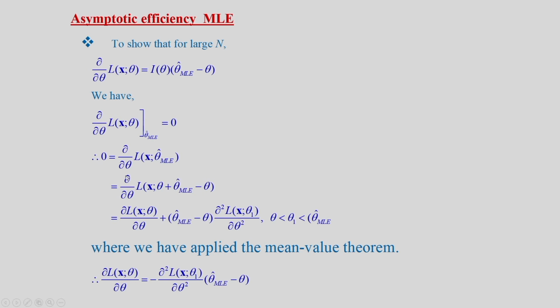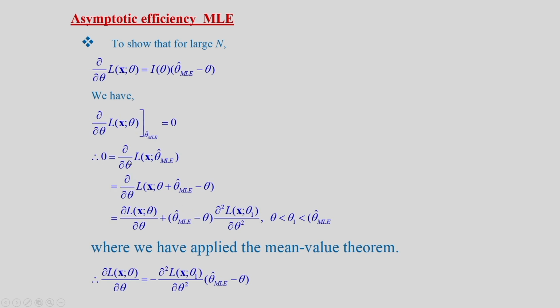Now, we can apply the mean value theorem to this expression. So, we can write this as del L del theta plus (theta hat MLE minus theta) into, because we are considering this function, the derivative of this function, which will be del 2L del theta square at the point theta 1, where theta 1 lies between theta and theta hat MLE. So, this expression we get by applying the mean value theorem.